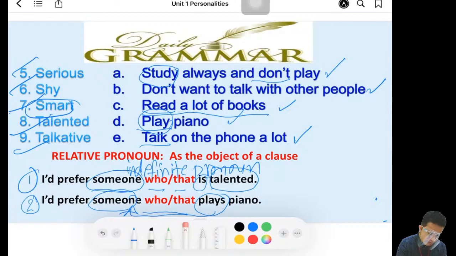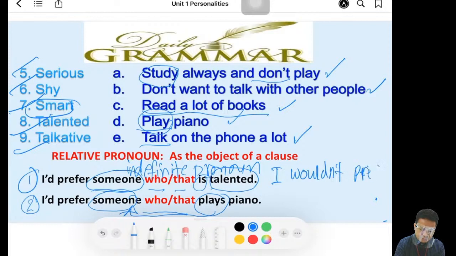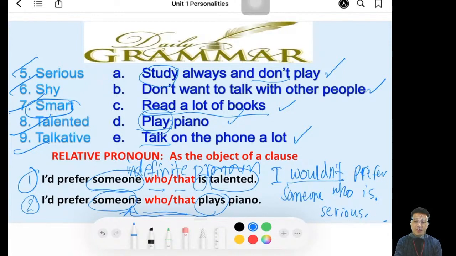Now this time, we can also use the negative form, such as, I would not or I wouldn't prefer someone who is serious. Take note, we use the negative form of the modal, which is wouldn't. I wouldn't prefer someone who is serious.